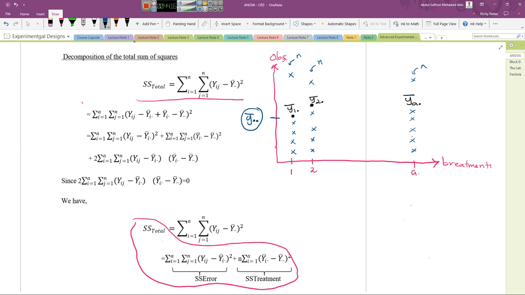So the sum of squares total is equal to this minus y double dot, this minus y double dot, which is the summation i equal to 1 to a, and j equal to 1 to n. This means I have to add all the data points, y i j minus y double dot bar, squared.